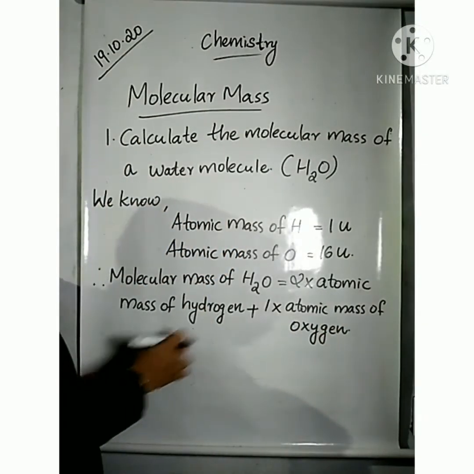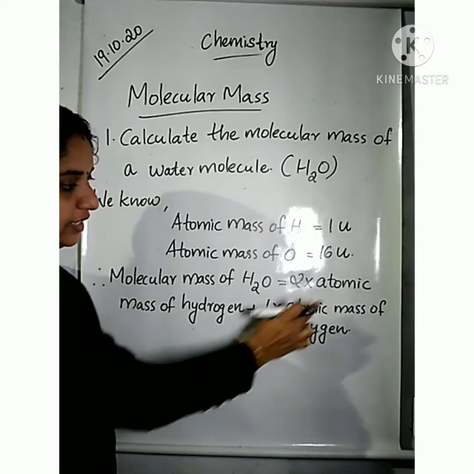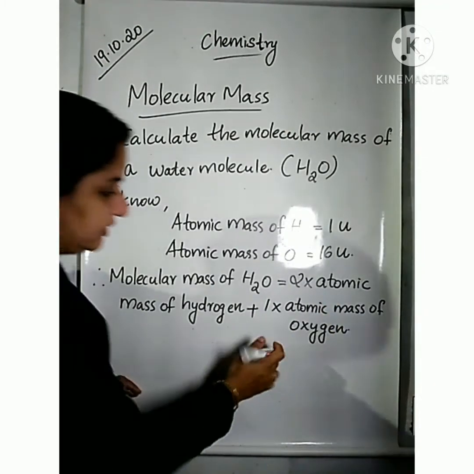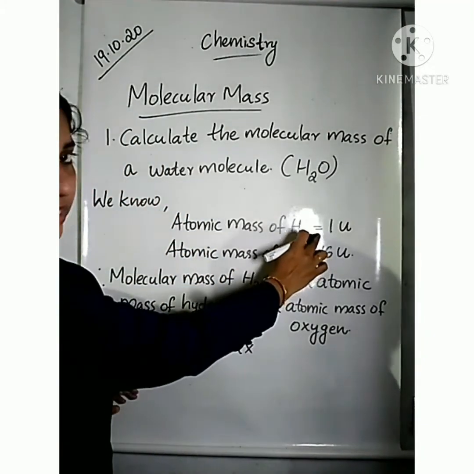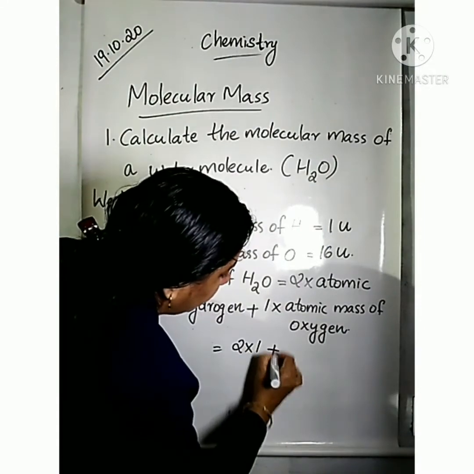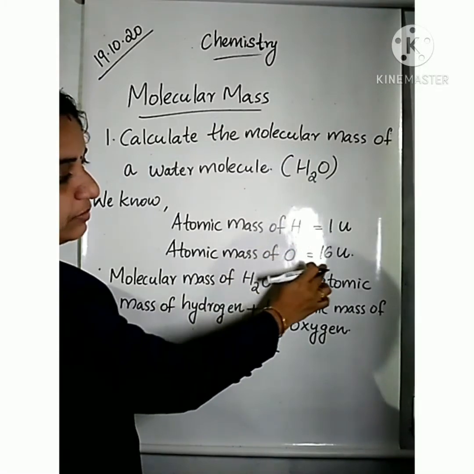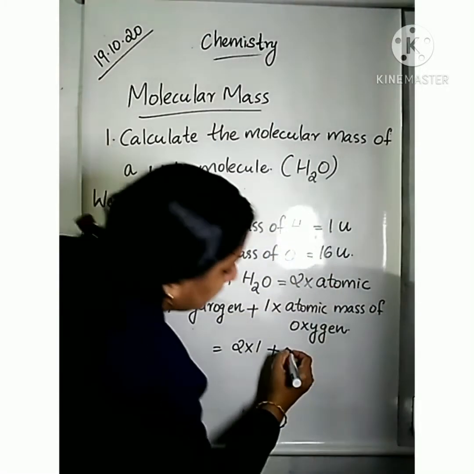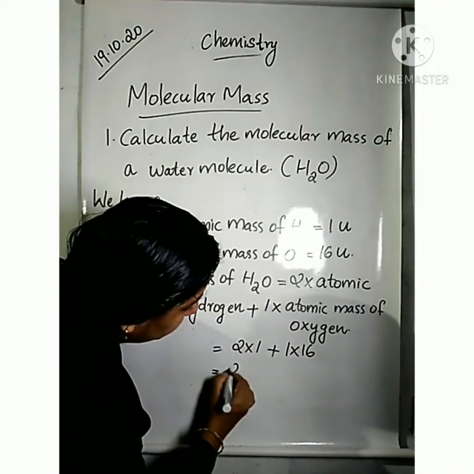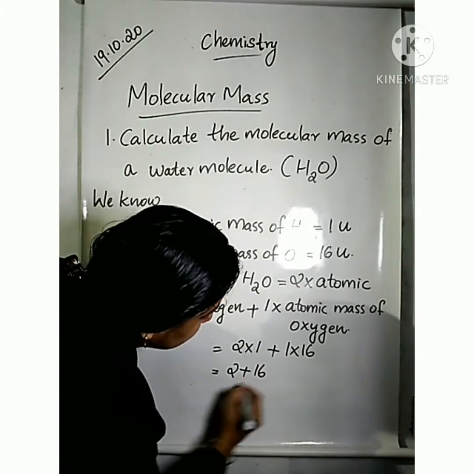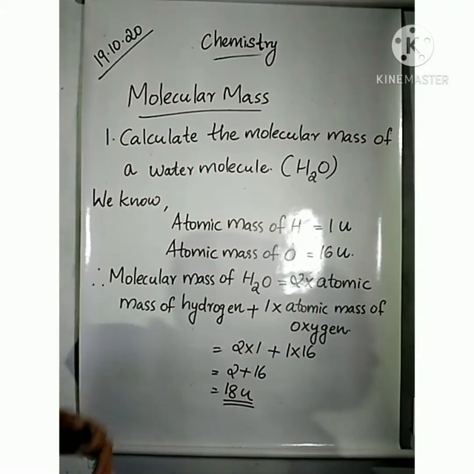That is equal to 2 into 1, plus 1 into 16. 2 plus 16, 18 atomic mass unit. That is the molecular mass of a water molecule.